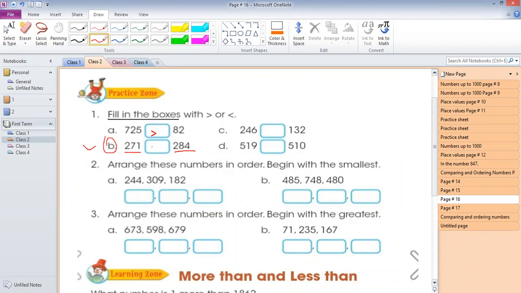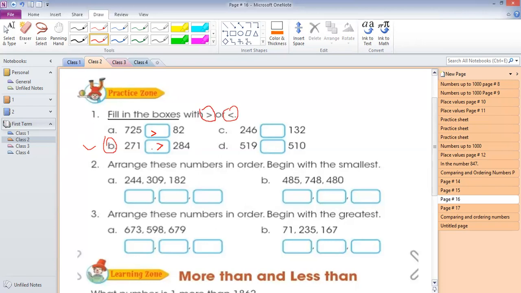Okay, which sign should I write here in that box? This one or this one? Greater than or less than? Should I write this sign here? This one? Or should I write this sign here? This one?